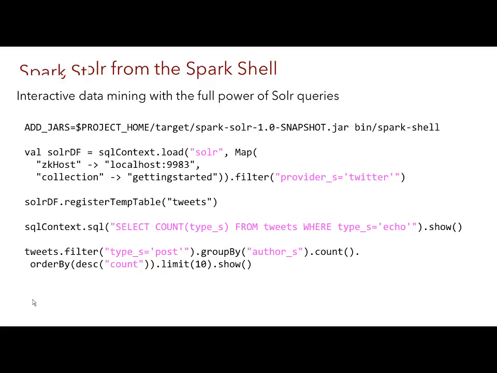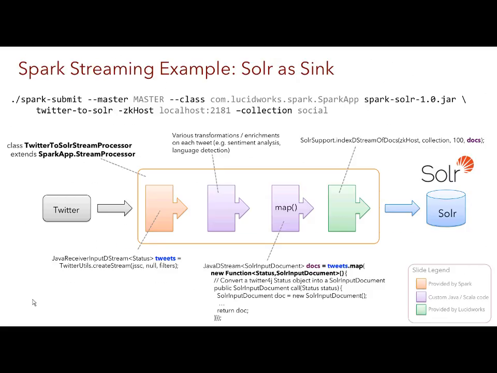Yeah, so the Twitter stuff is a Java receiver input DStream. DStream is just basically a discretized stream, right? That's your stream of RDDs. And so if there's not an implementation for your specific source, then it's actually quite easy to write one, right?